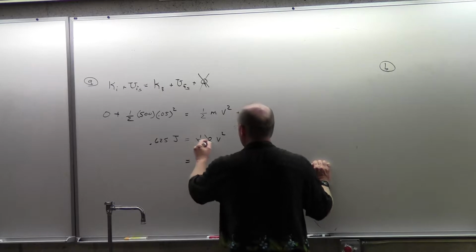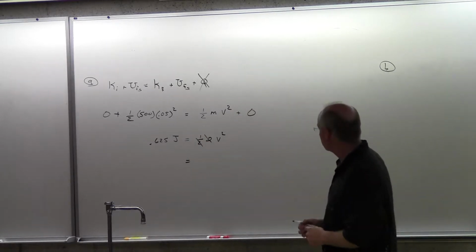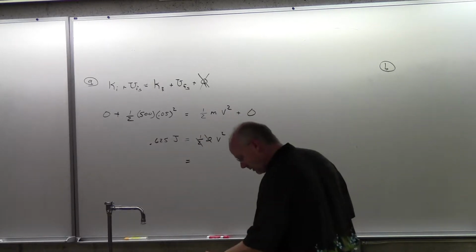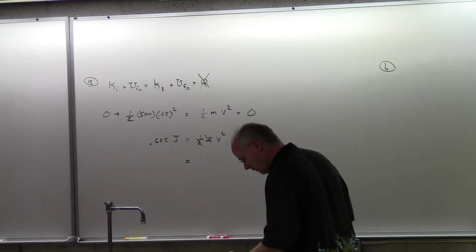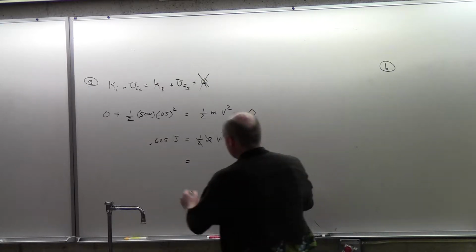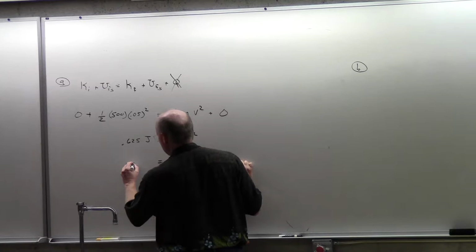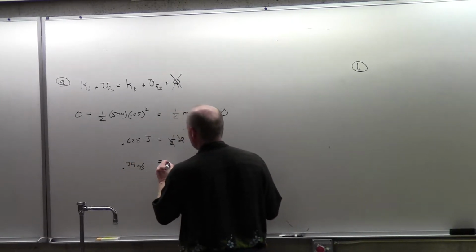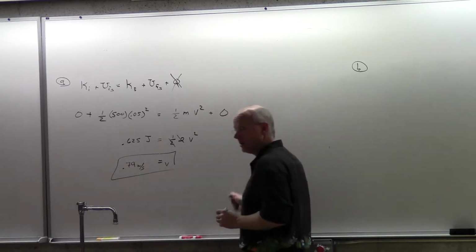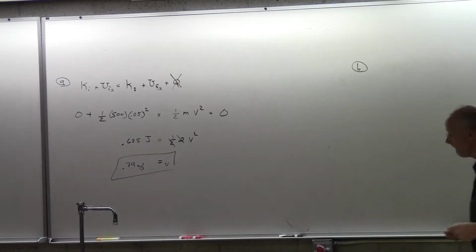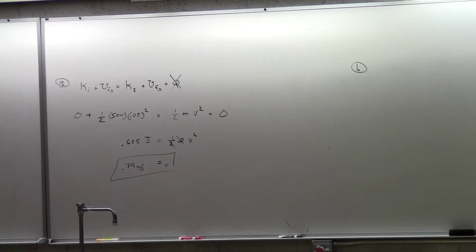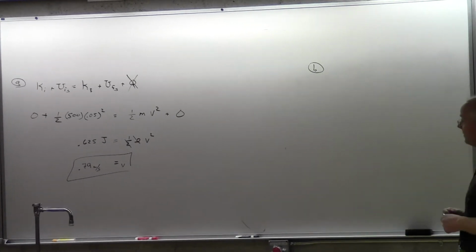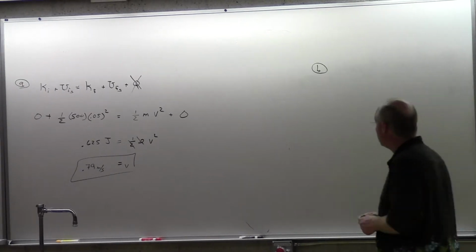So that made the math nice. A 1/2 and a 2 cancel off. And so I just need to take the square root of that last answer and get 0.79 meters per second for the speed. And so there's the speed without any friction.